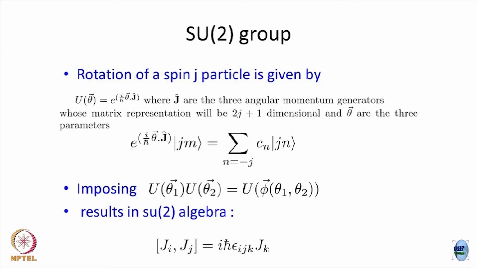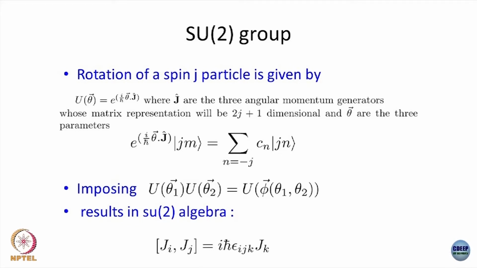Okay. So U of theta, this is for the SU2 group. Once it is a group, I try and put it to be capital S, capital U, and 2. So this will have an exponential form, exponential of i by h cross theta dot the generators.